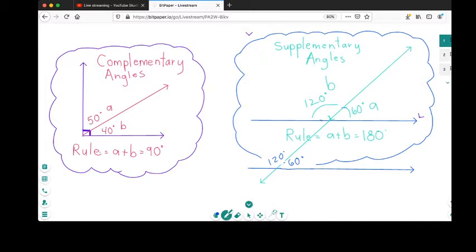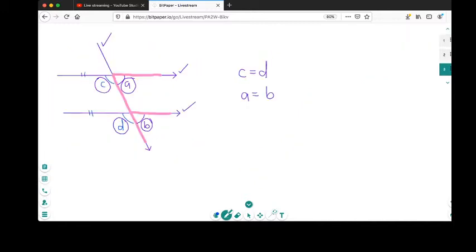So this rule of the supplementary angle comes back into play over here, because we see here that we have two angles on either side of a straight line.